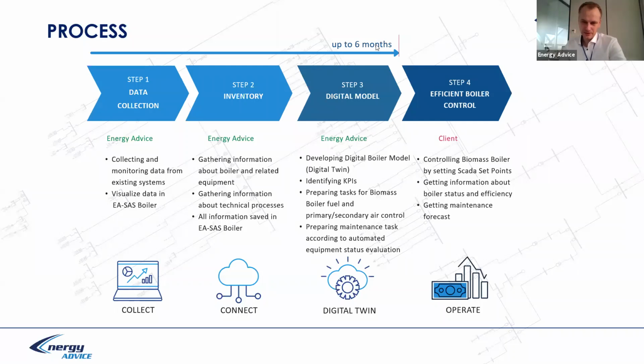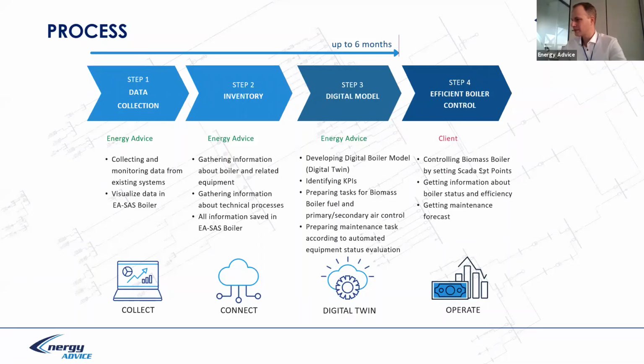Usually we ask for a 6 months agreement on this, just because of project management issues and coronavirus issues also, we are all slower in speed because of limitations. However, in general, for the project manager, we do this faster. However, ask for agreement for the 6 months, and after that, when we finish digital twin modeling, you have efficient boiler control.